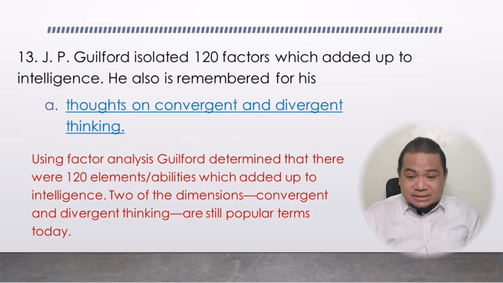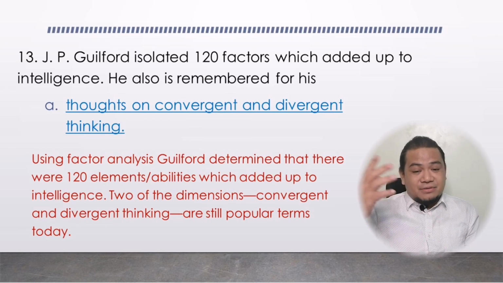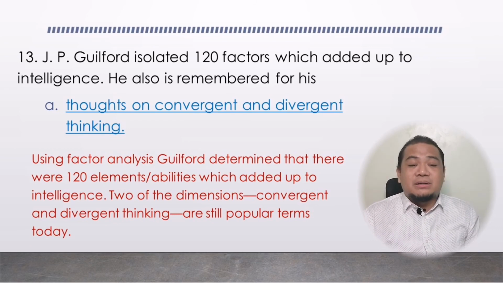Two of the dimensions, convergent and divergent thinking, are still popular terms today. Convergent thinking occurs when divergent thoughts and ideas are combined into a singular concept. Divergent thinking is the ability to generate a novel idea.